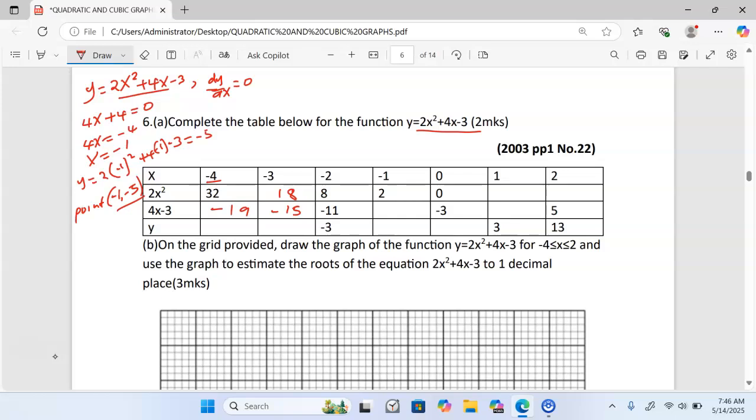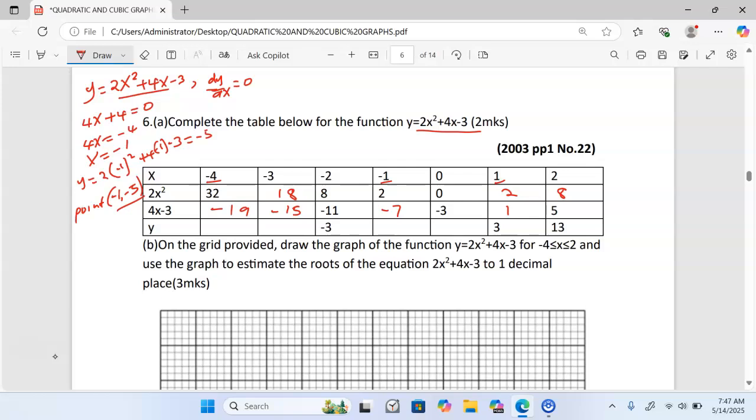And when it is −1, then 4x − 3 is going to be −7 here. Then when it is positive 1, it is going to be 2. And when it is positive 1, 4x − 3 will be equal to 1. And when it is 2, 2x² is going to be 8. And by so doing, we have finished filling the table.